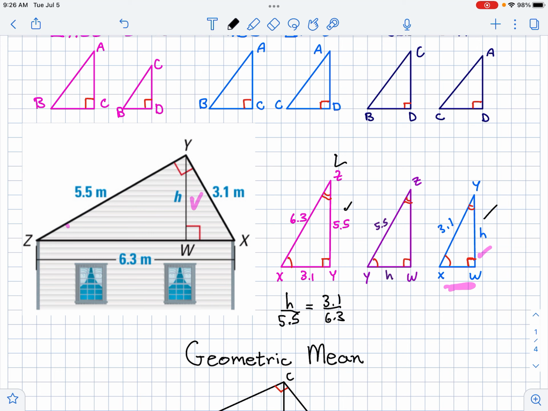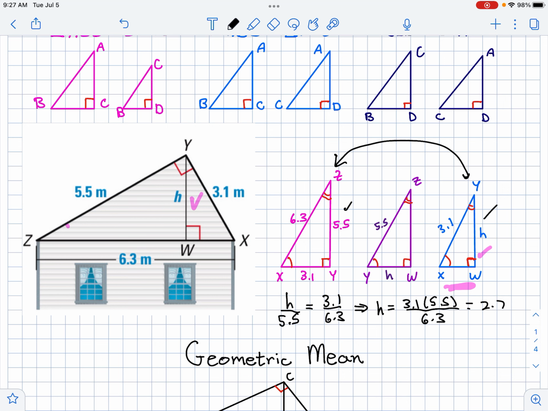So notice I'm just working with these two triangles here. Now I solve for H. Okay, so H is equal to 3.1 times 5.5 divided by 6.3. And when we work that out, we get 2.7. Approximately 2.7. Some rounding there. But that's one way we could do it.